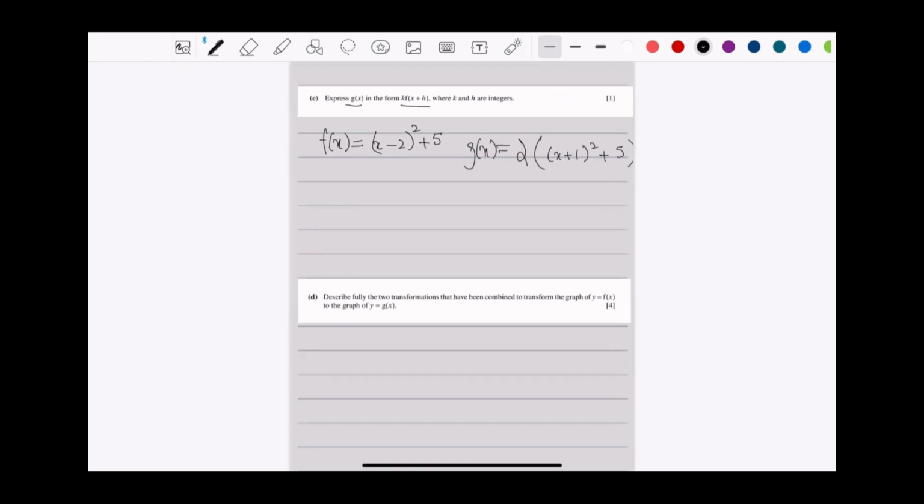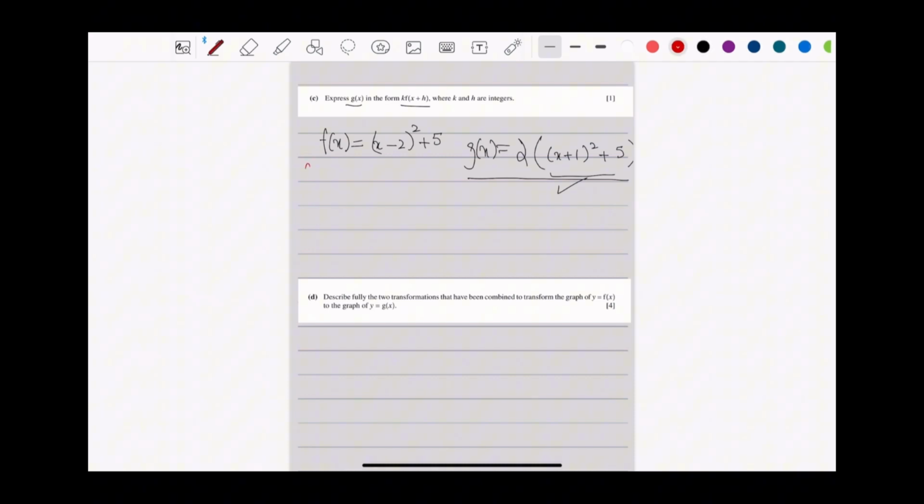So I can see this here. You have to write down g of x in terms of f of x. So what operation would you perform on f of x that makes you get this one? So I need this. So what should I multiply it with?